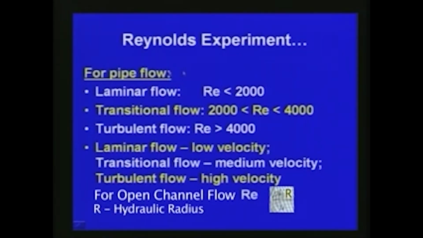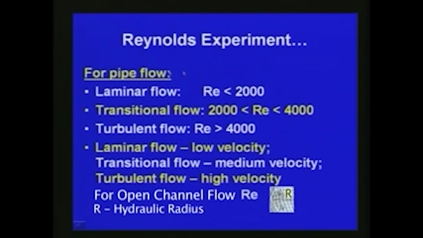If we consider pipe flow, generally with respect to various conditions, when the Reynolds number is less than or equal to 2000, we can say that the flow is laminar. In the range between 2000 and 4000, the mixing starts, disturbance starts, and a transitional state occurs for pipe flow.